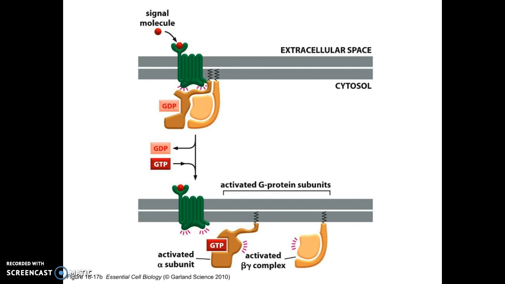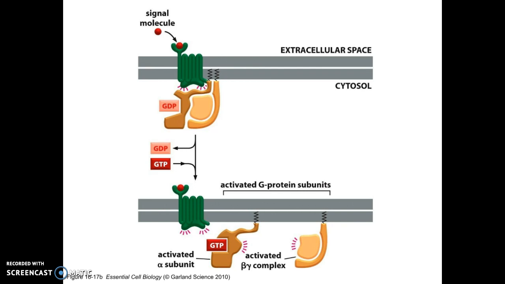And when the G protein becomes activated, it was previously GDP bound, but the change in shape of the receptor causes a change in shape of the G alpha subunit, and the GDP is exchanged for GTP. Now the GTP bound active alpha subunit is now activated and can go on to maybe activate an enzyme or do some downstream work.